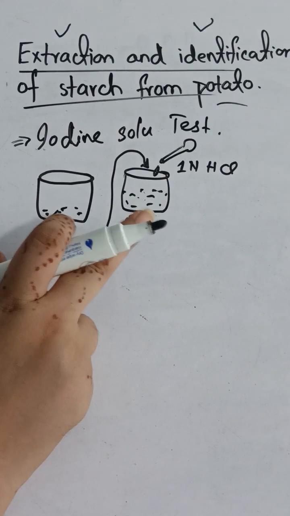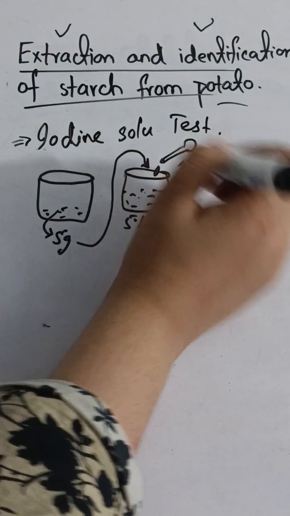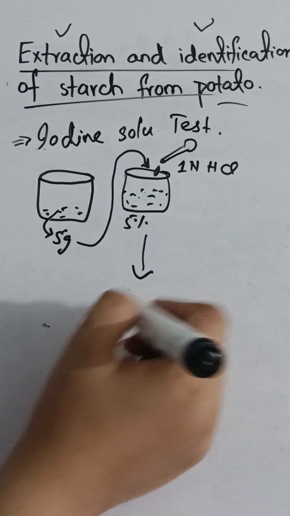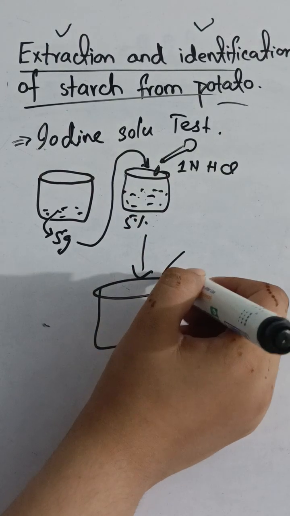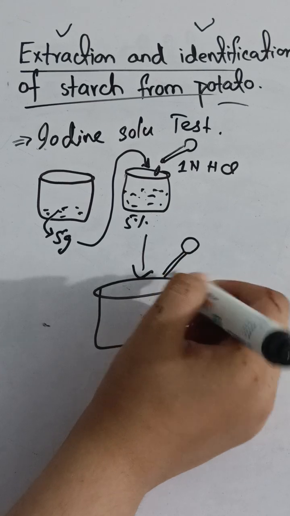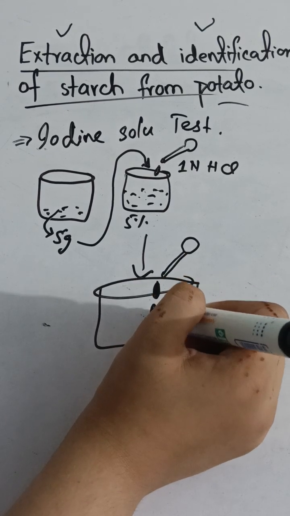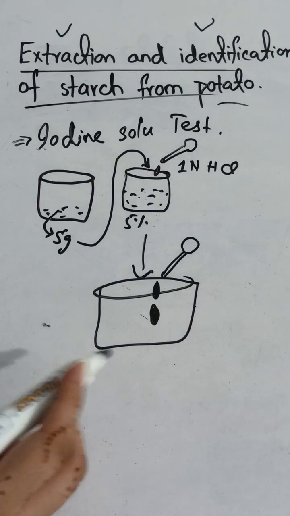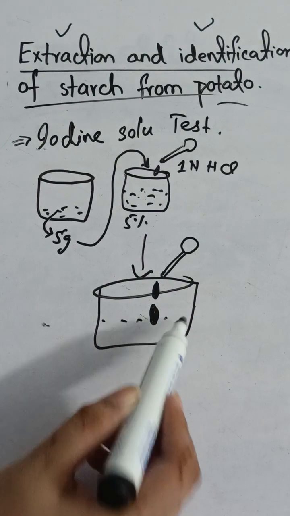And after adding one drop of HCl you will add 2 drops with another dropper. Right there, 2 drops of iodine solution into it, and this will appear with the blue color.